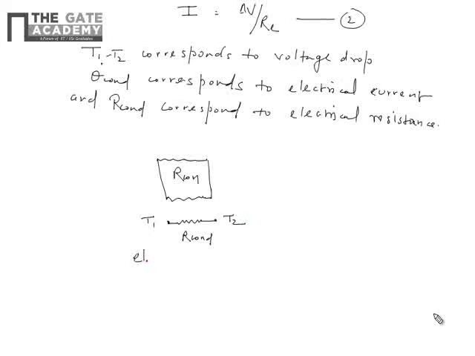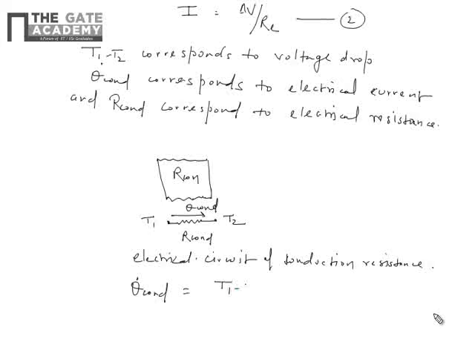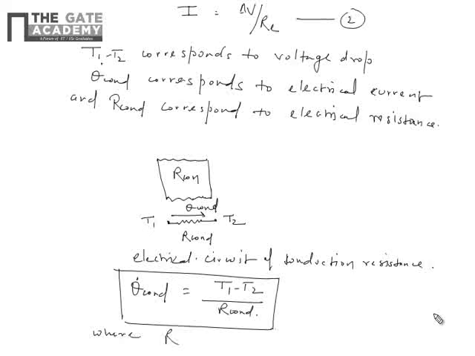This is known as the electrical circuit of conduction resistance, and Q dot conduction is given as T1 minus T2 upon R conduction, where R conduction is equal to thickness of the wall over the product of thermal conductivity and surface area.